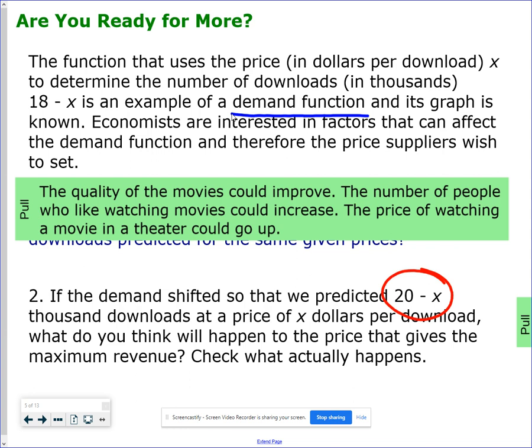All right, so now instead of 18 minus X, we're talking about 20 minus X, which means that my graph would get back down to the X-axis at 20, 0 instead of at 18, 0. So then finding the middle of that graph, that means that $10 would be the maximum that I would have for that instead of the $9 that we said would have been the maximum.